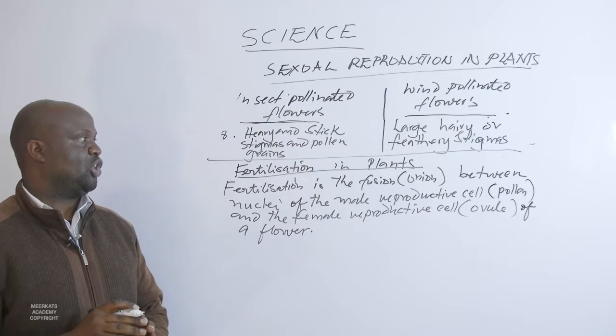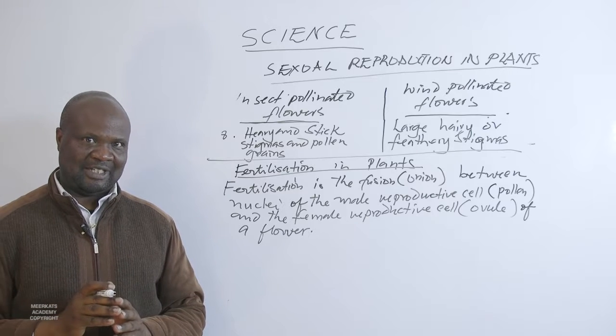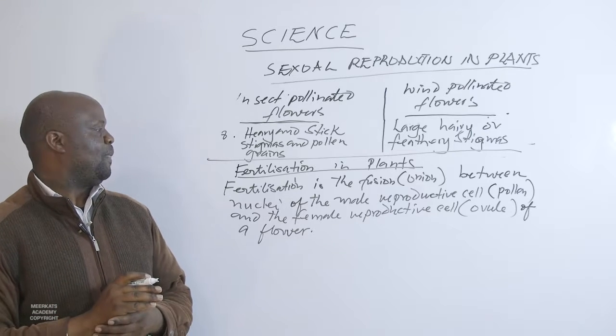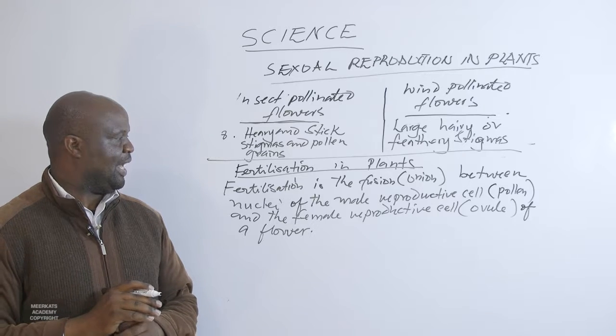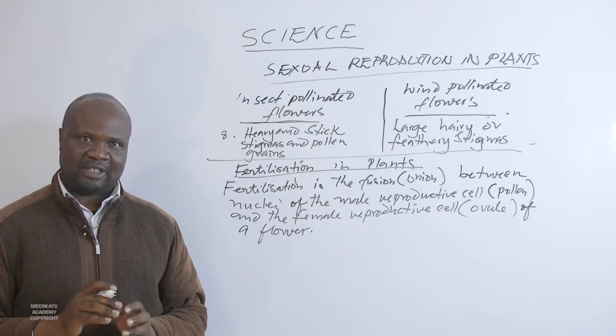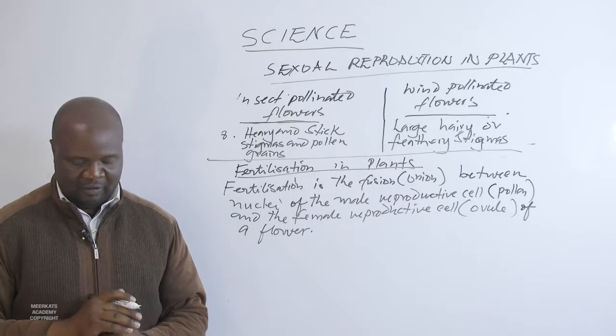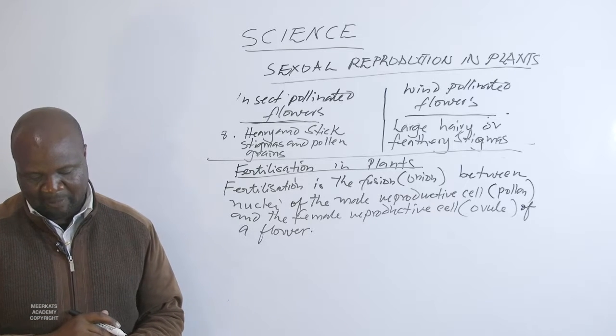That is the definition of fertilization: the union of nuclei of a male reproductive cell, that is the pollen grain, and the female reproductive cell, that is the ovule of that particular flower.